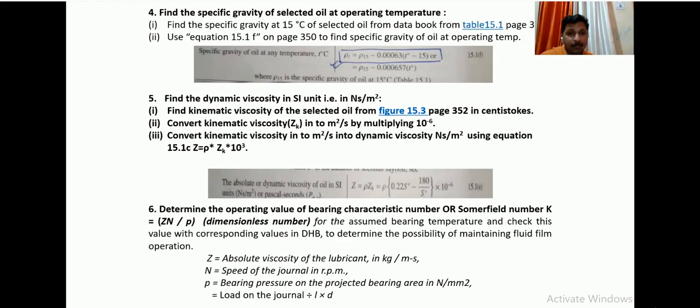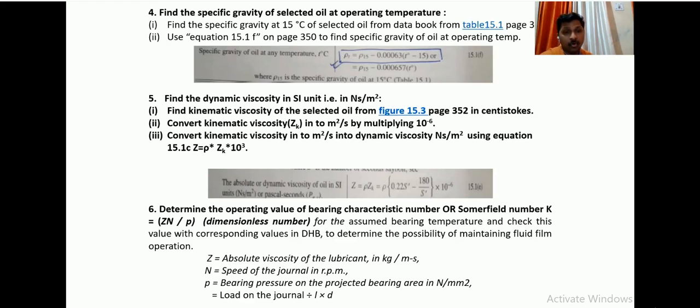In our design data book, we have a graph between the kinematic viscosity of the oil and the operating temperature.